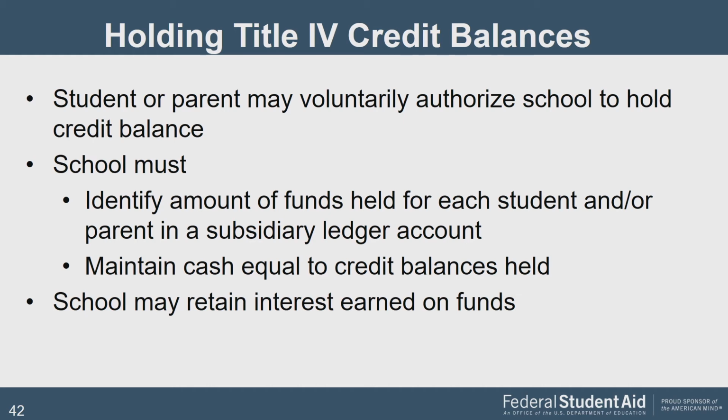It's going into a subsidiary ledger, but you also have to maintain cash in that account that equals the credit balance amount. It cannot be just the credit balances of your students in that account. You have to have a match for that amount. And any interest that is earned, you are allowed to keep.